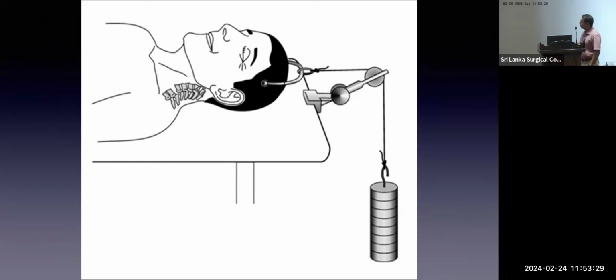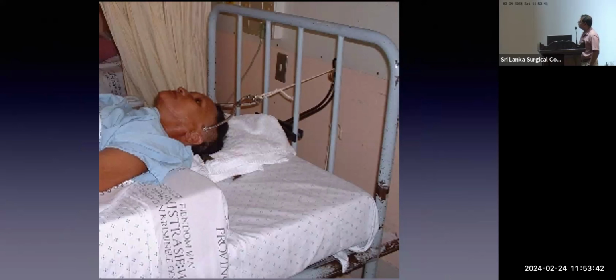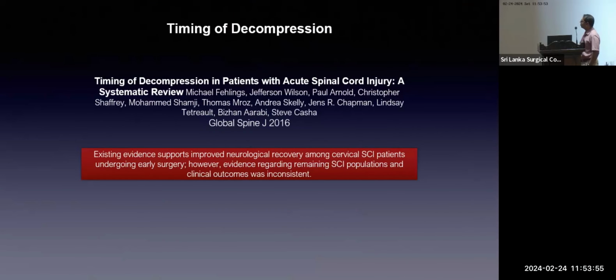So we do still use calipers, but that is in the acute event to try to reduce the fracture, not as a mode of long-term treatment, right? So you can see a patient like this. Would anybody like to be like this in the bed for 3 months? No. So then what is the option?